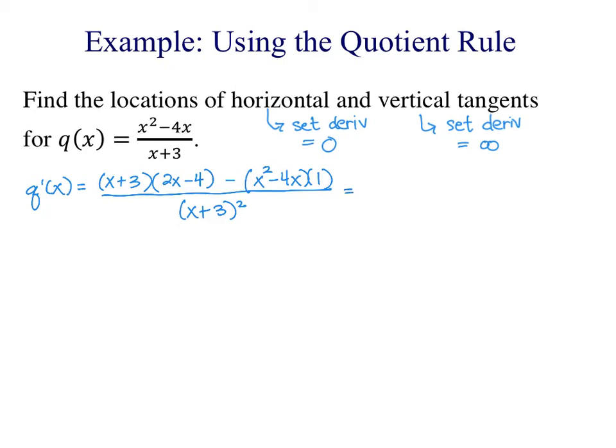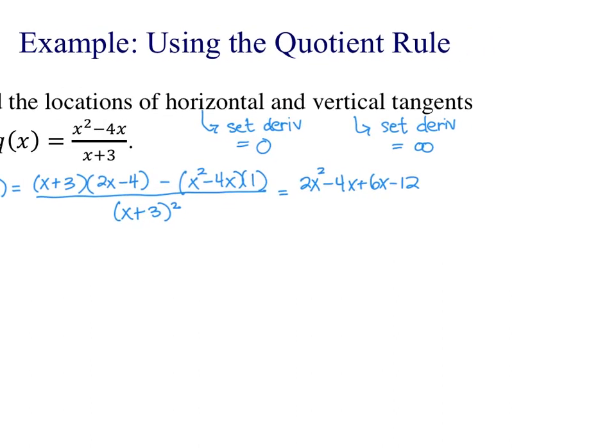So we want to clean this up. I'm going to have 2x squared minus 4x plus 6x minus 12, that's the FOIL, minus the distributing, so x squared plus 4x, the whole thing over x plus 3 quantity squared.